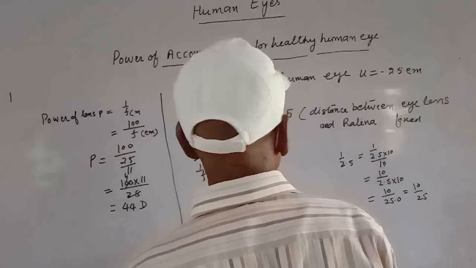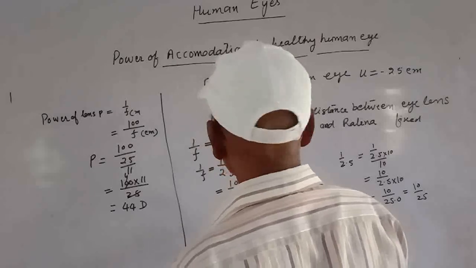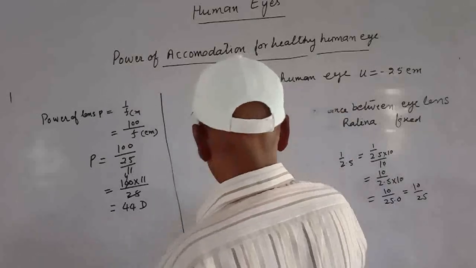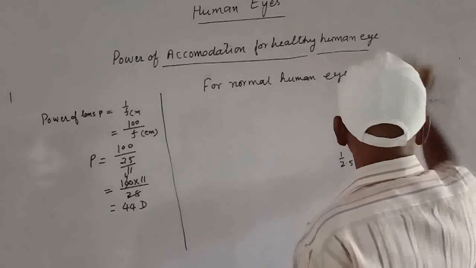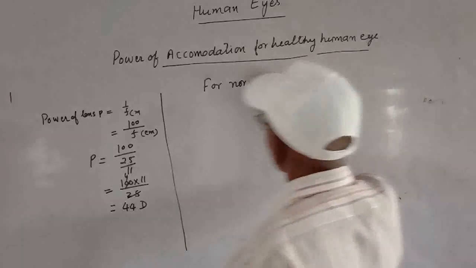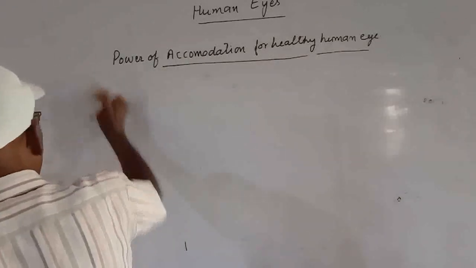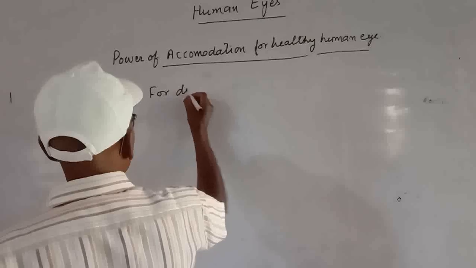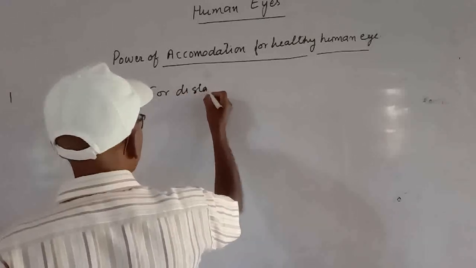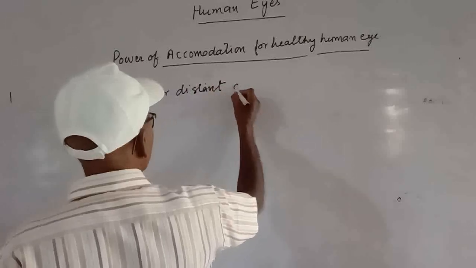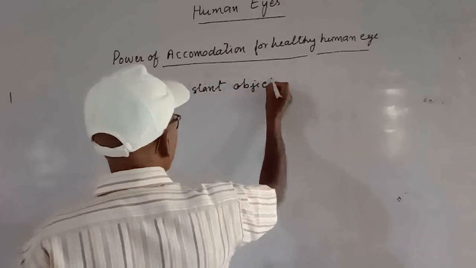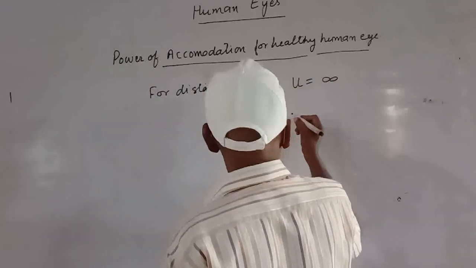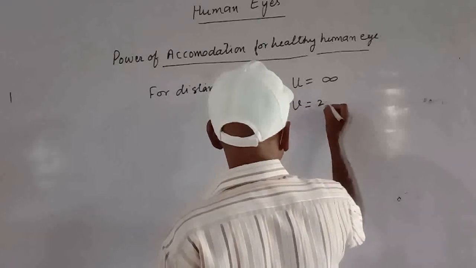Now for a distant object, U is equal to infinity, V is equal to 2.5.